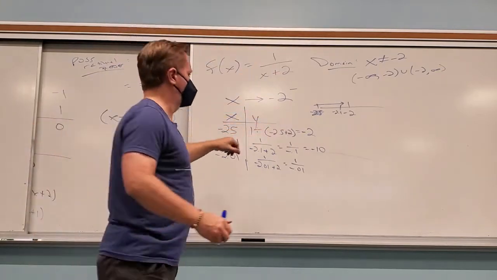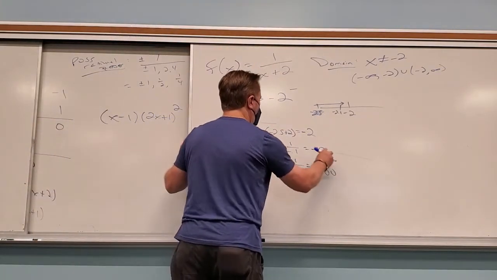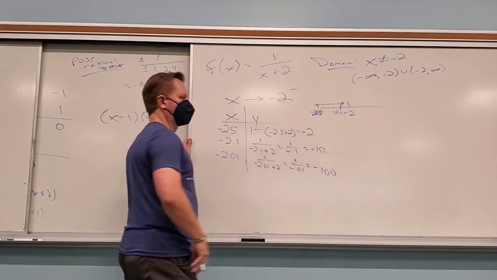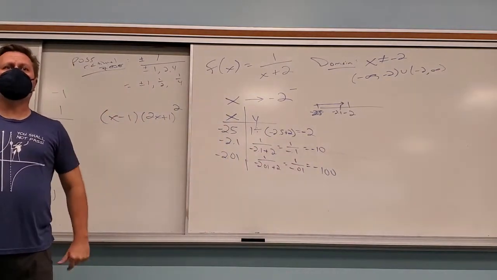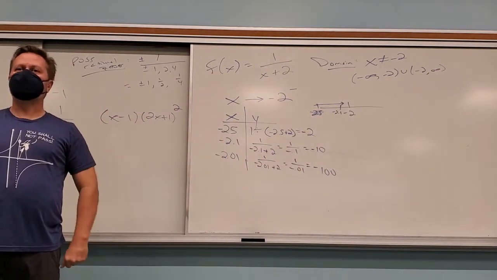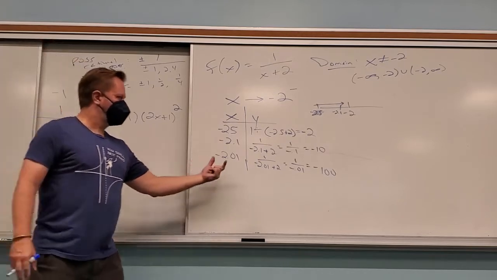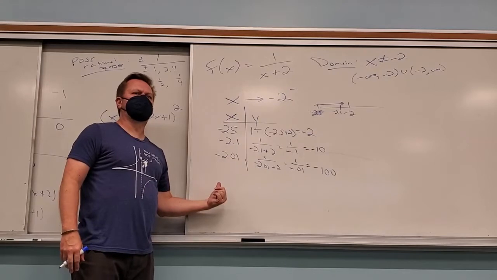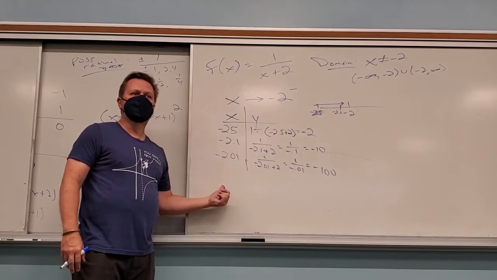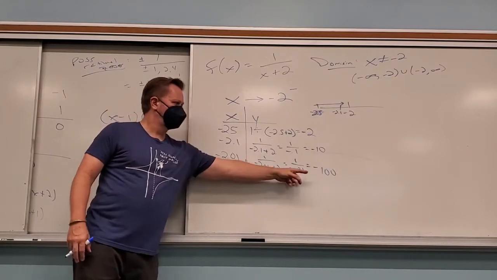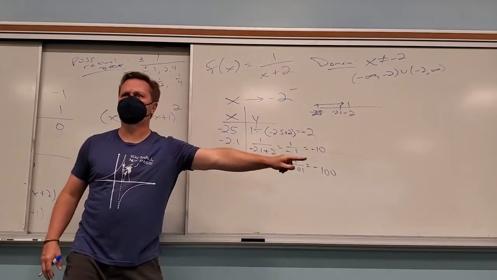And there's a negative. So what's it look like the outputs are doing? Getting way bigger, right? Well, negative, getting really big negative. Can you imagine if I put negative 2.0000001? You guys with me? This will be 1, 0, 0, 0, 0, 0, 0.